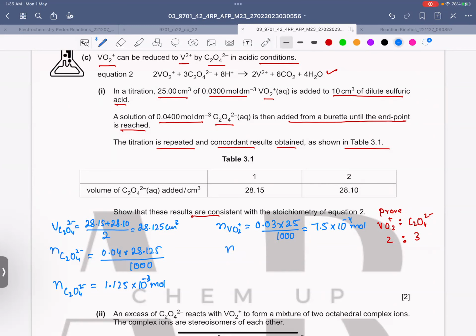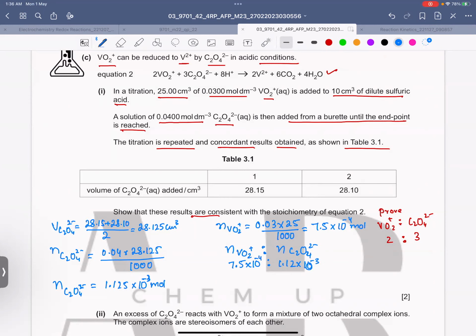Okay, so if I take the ratio of VO2+ to moles of C2O4 2-, there is 7.5 × 10^-4 to 1.125 × 10^-3.